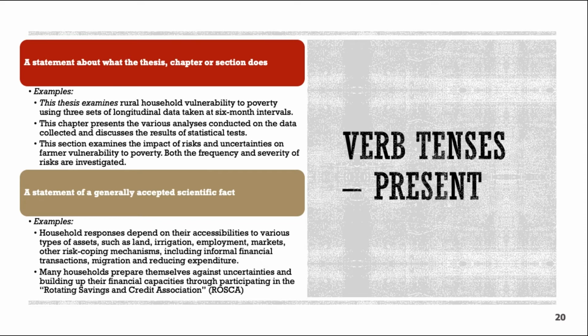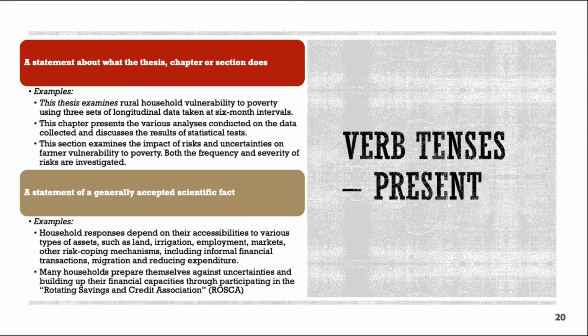Or in a chapter: this chapter presents the various analyses conducted on the data collected and discusses the results of statistical tests. Or in the sections themselves, when we say: this section examines the impact of risk and uncertainties on farmer vulnerability to poverty; both the frequency and severity of risk are investigated.